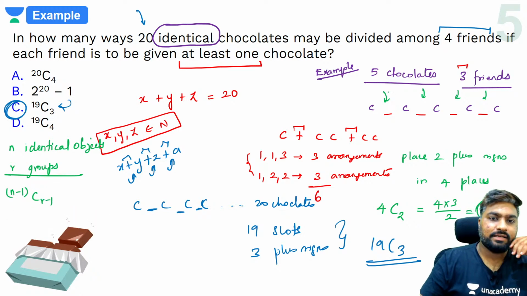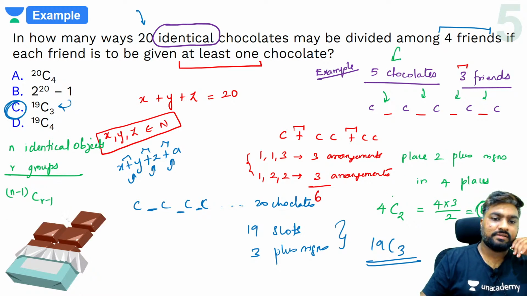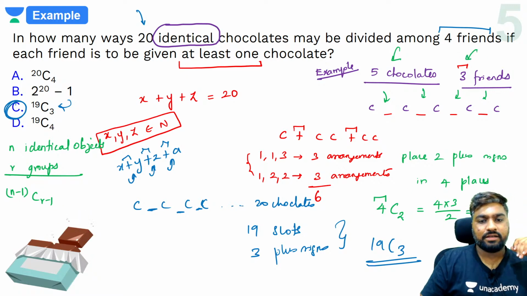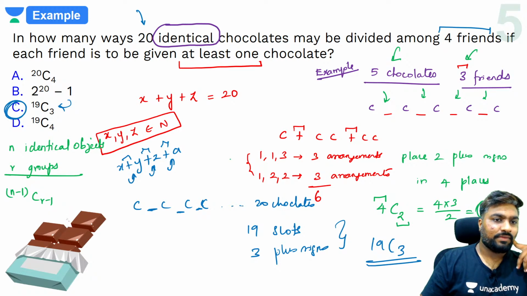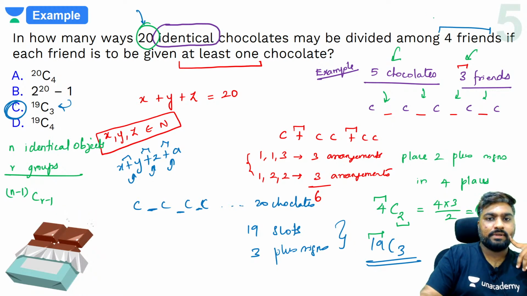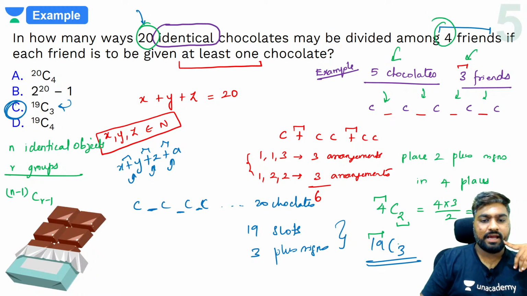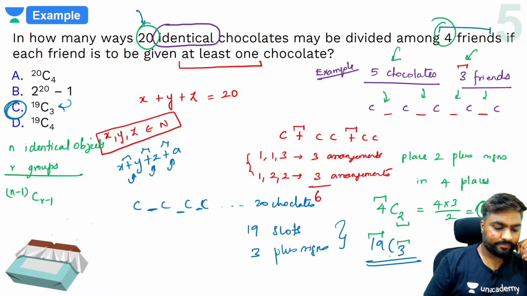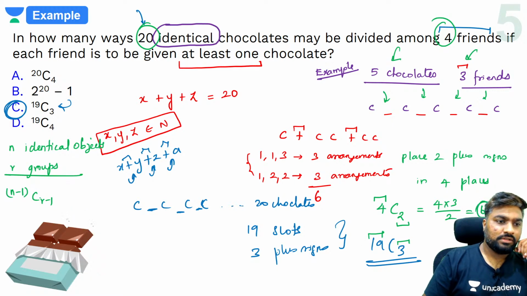Have you noticed that? There were 5 chocolates, we had 4 places. There are 3 friends, we had 2 plus signs. There were 20 chocolates, we had 19 places. We wanted to split it among 4 groups, we had 3 plus signs. Cool? So what is it? n minus 1 C r minus 1. Cool?